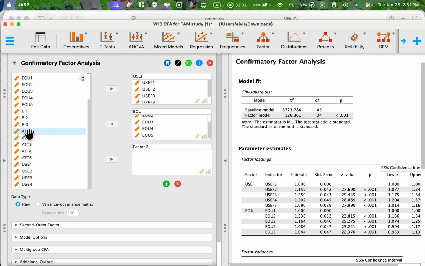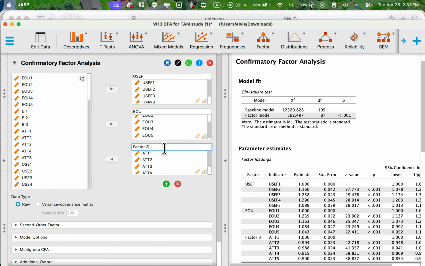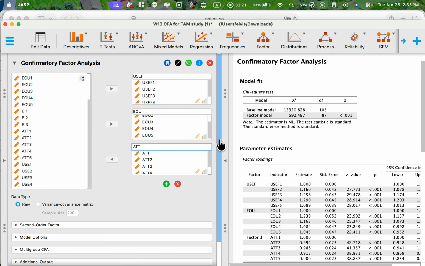This time I need the attitude, right? So from the left side, select ATT, 5 indicators for attitude. Move to the factor 3, and rename factor 3 to ATT.